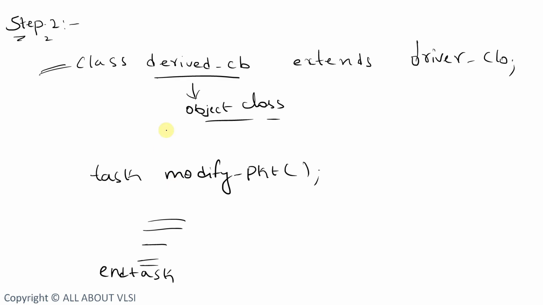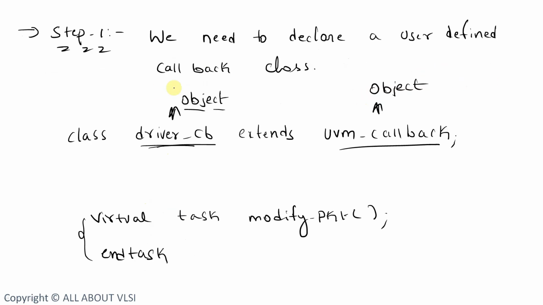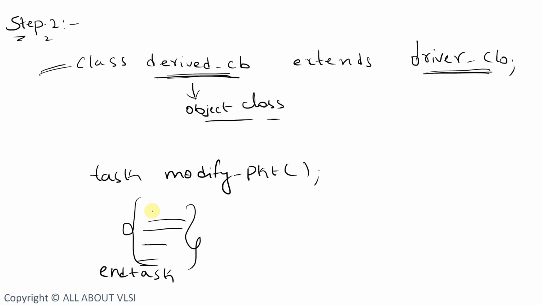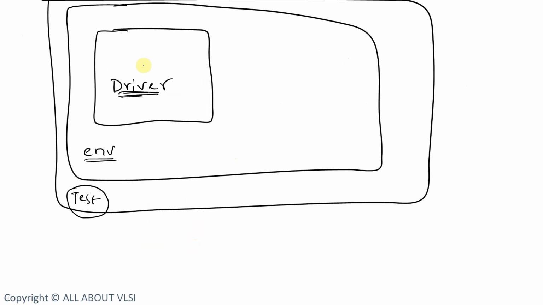That functionality I will declare inside the task which is declared inside this derived_cb, which has been derived from driver_cb, my user defined callback class. Using this task, I am going to modify the contents inside my driver. How?